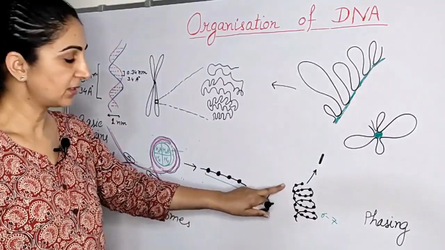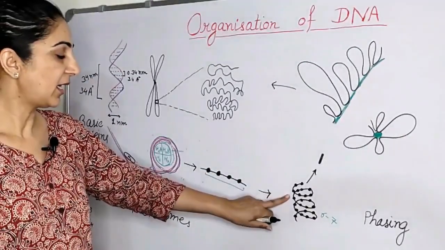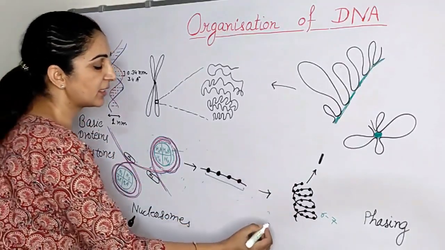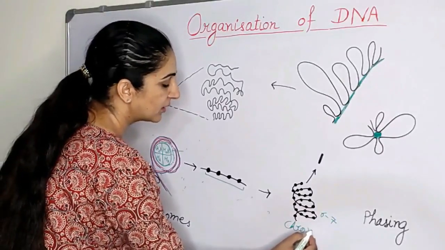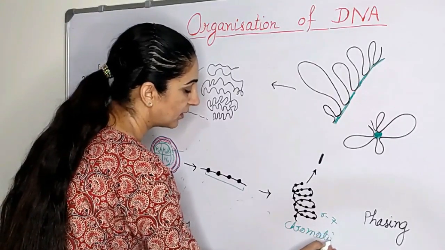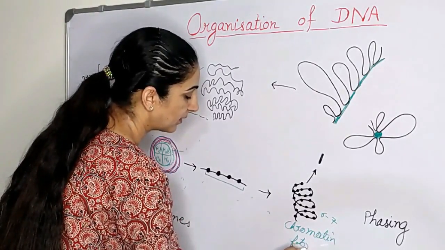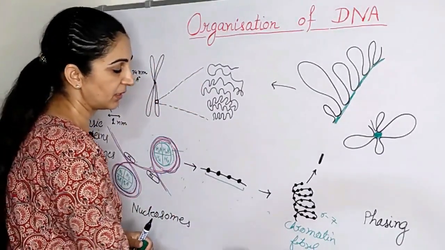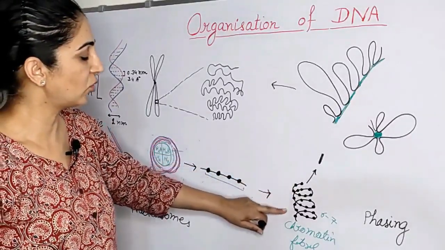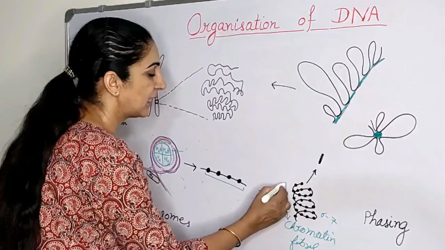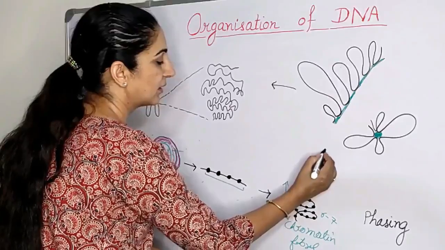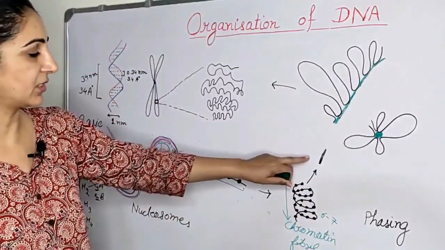Histone 1 proteins, that is H1 protein, have the major role in stabilizing this structure. So this structure is known as chromatin fibril, or chromosome fibril. Suppose we demonstrate this whole fibril with a straight line like this. So let's see what happens next.